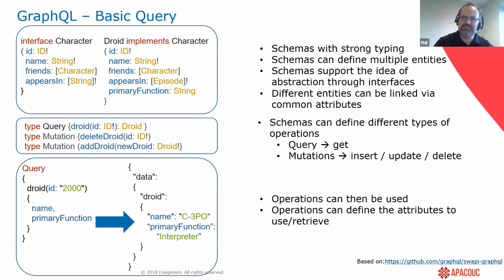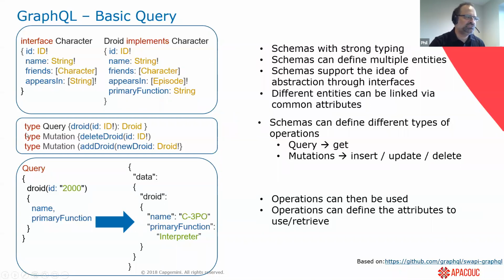And I've got an inheritance-based hierarchy, so if I create a character, I can then use that as a foundation for specialization like droid, which is a particular type of character, and I can describe relationships of entities. As you can see, if you look at the droid description, it's got friends here, which is effectively a list of character, and it's optional. And you can see I've got another pair in, which refers to episodes, and that's mandatory.